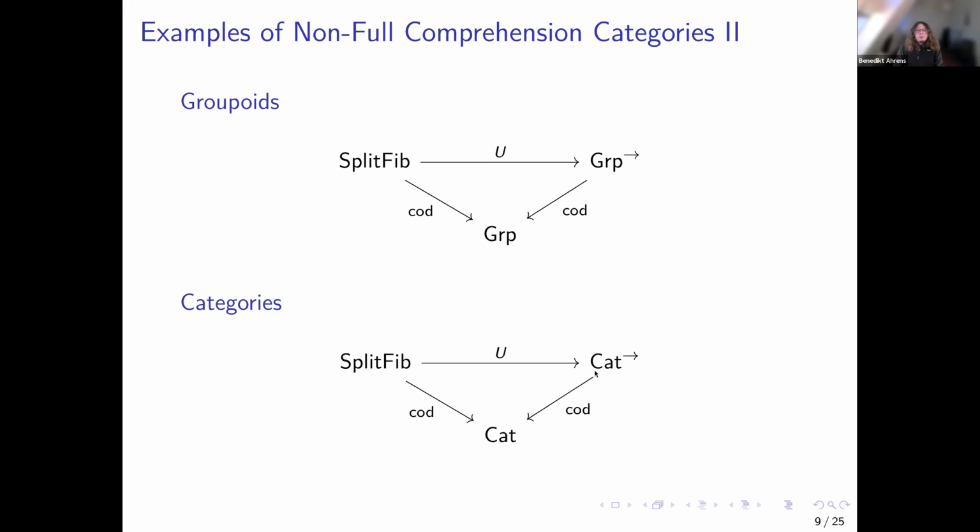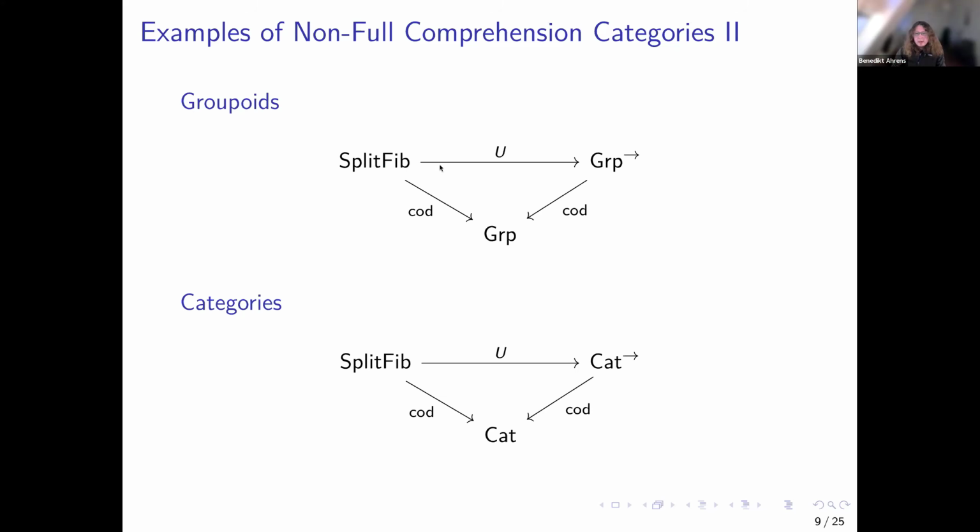So what are some examples of non-full comprehension categories? We can build a comprehension category of groupoids that arises from an algebraic weak factorization system, where the category of types consists of split fibrations and morphisms of split fibrations that preserve the fibration structure, the Cartesian lifts, on the nose.